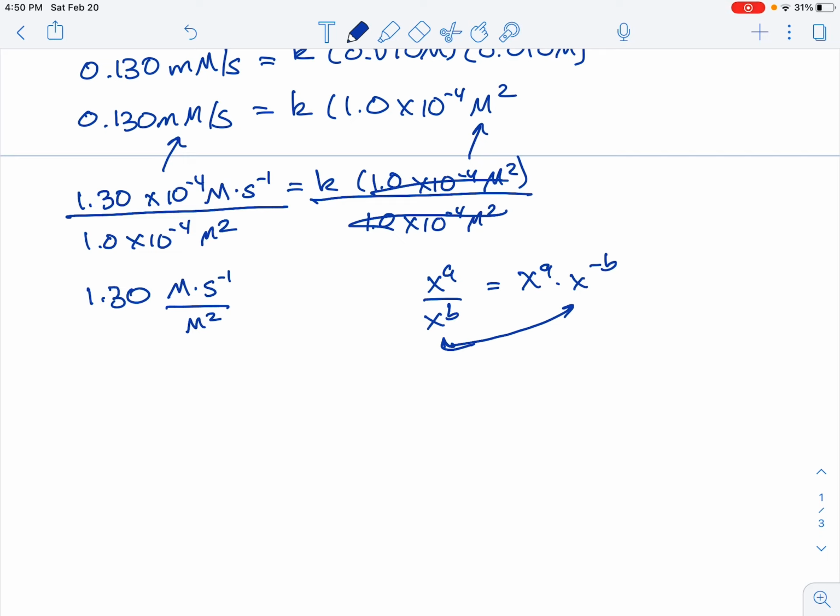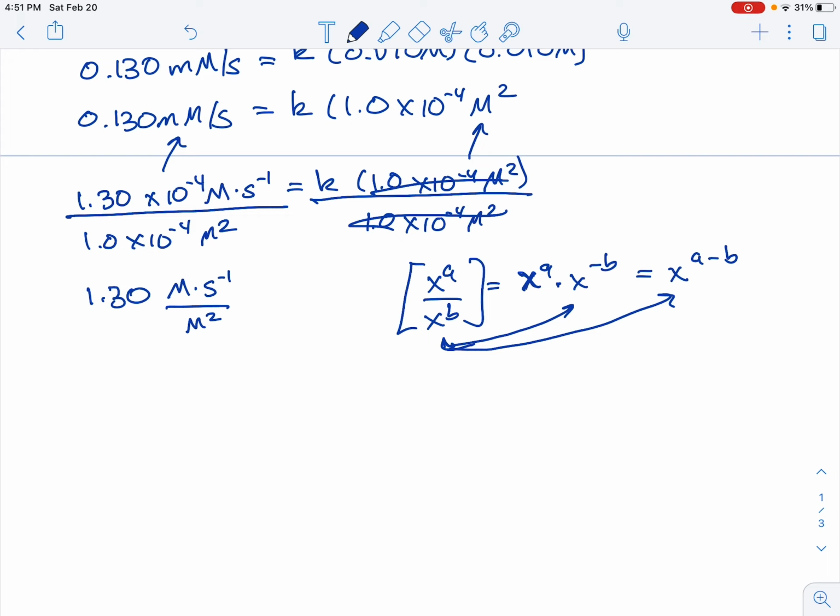When you have terms that have the same variable but different exponents, you can add those. This is x to the a minus b. So you can shortcut this if you like by saying, oh, I have x to the a over x to the b. That's the same as x to the a minus b. Whichever of these two ways makes more sense in your head, you do it that way, all right?